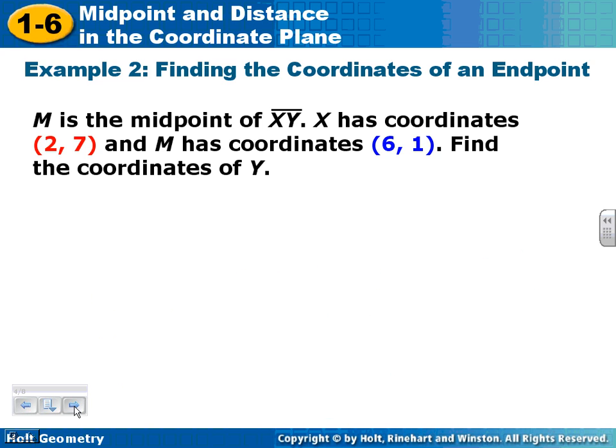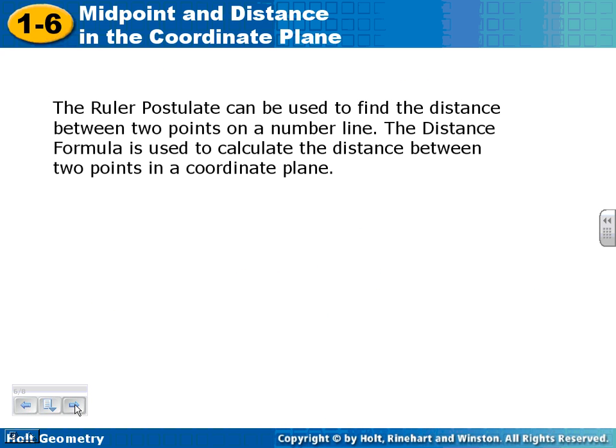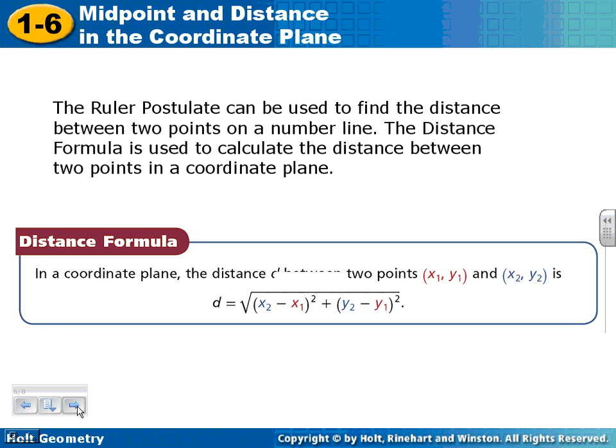I want to skip this next one. Talk about the ruler postulate, but also the distance formula. Again, you may be familiar with this from Algebra 2, but right there it is. Make sure you circle the distance formula. The first thing we did was the midpoint formula.